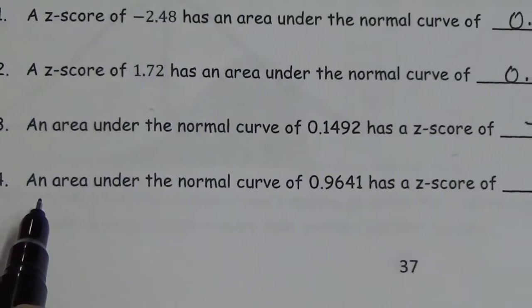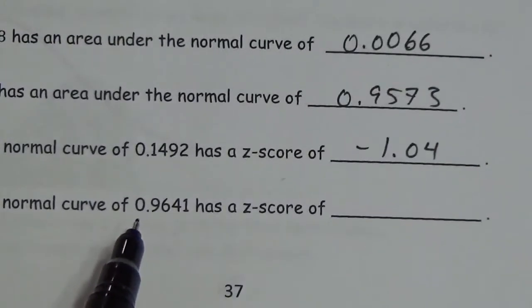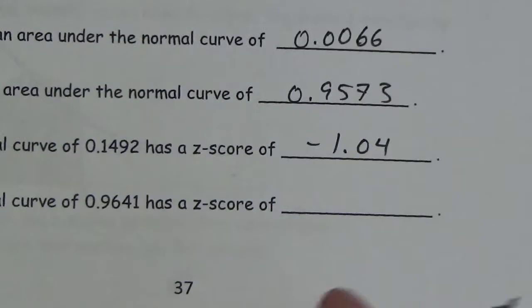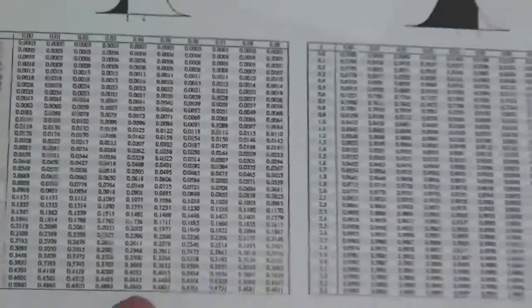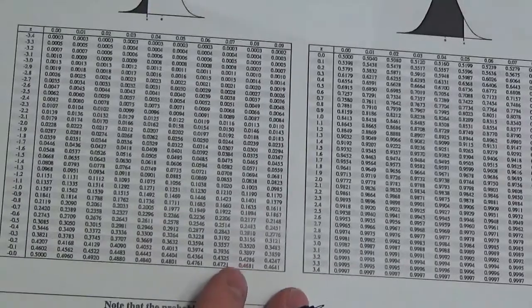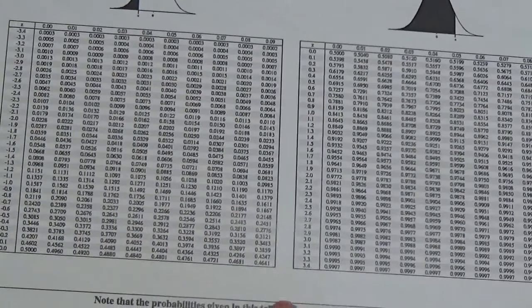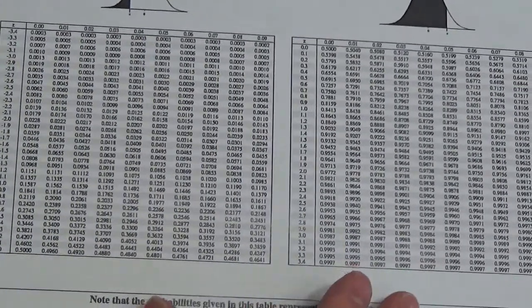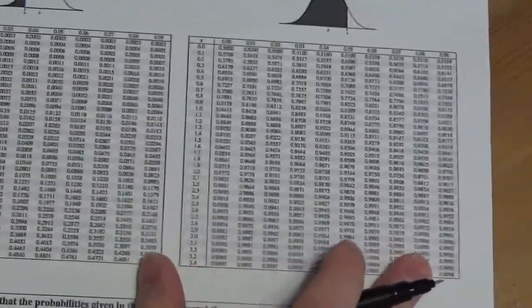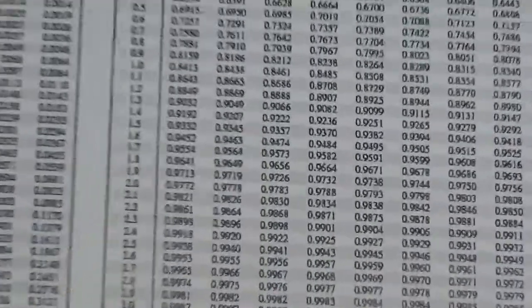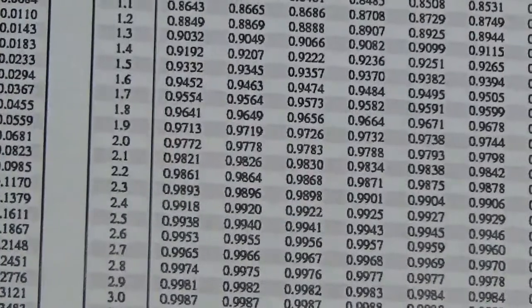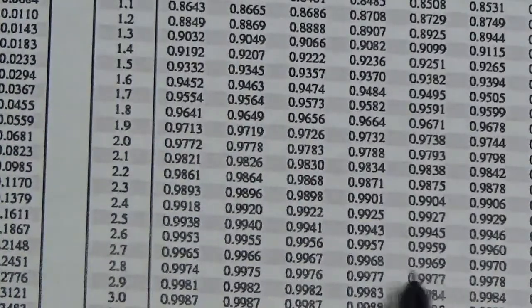And the next question here says an area under the normal curve of 0.9641 has a z-score of. Same question, but now it's giving me an area that's 0.964. That's quite large. Okay, that's 96.4% of the data. So that's going to be over here. So let's zoom in now. And I'm looking for 0.9641.